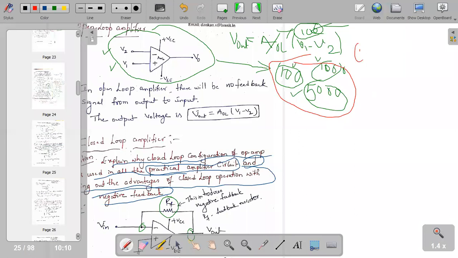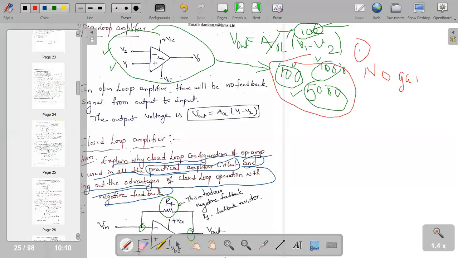So there is no gain control. That is one drawback in open loop mode. If I want a gain value of 100 or 1,000 or 5,000, you cannot implement it in open loop configuration. That is another drawback here: there is no gain control.